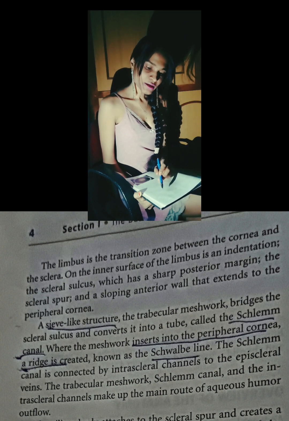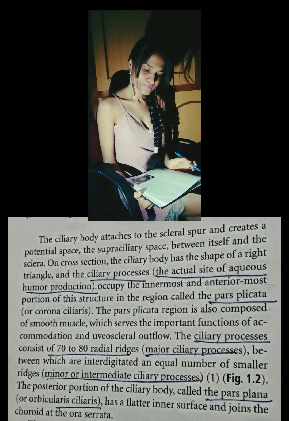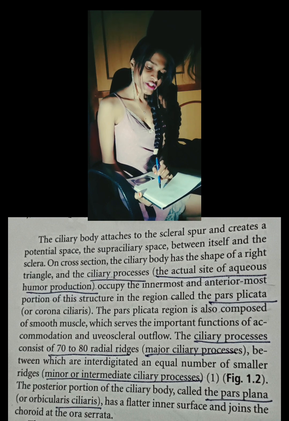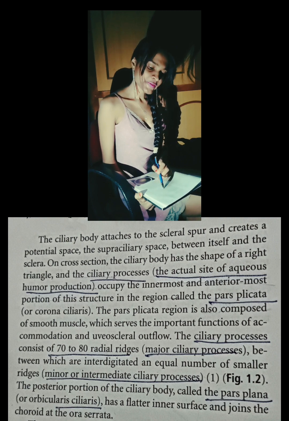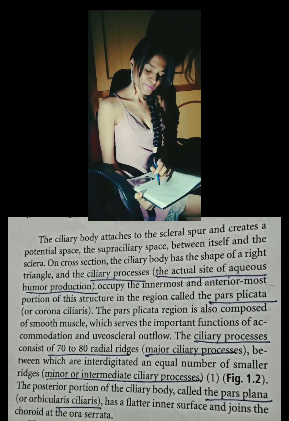The Schlemm canal is connected by intrascleral channels to the episcleral veins. The trabecular meshwork, Schlemm's canal, and the intrascleral channels make up the main route of aqueous humor outflow. The ciliary body attaches to the scleral spur and creates a potential space, the supraciliary space, between itself and the sclera.